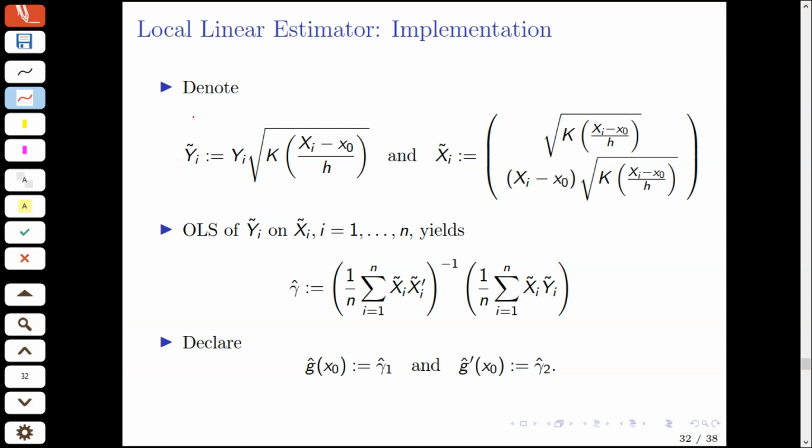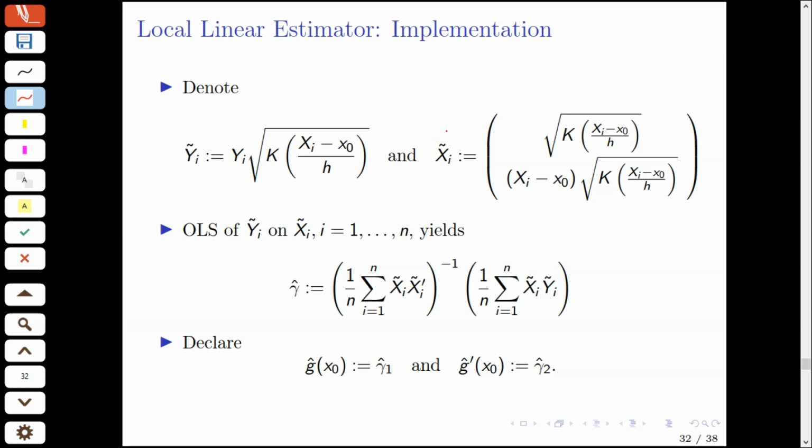Similarly, we could take our original regressors, which would be, say, 1 and x, and similarly scale them by the square root of the kernel contributions, having centered the x's at our point of interest. Now call the resulting artificial regressors x tilde.